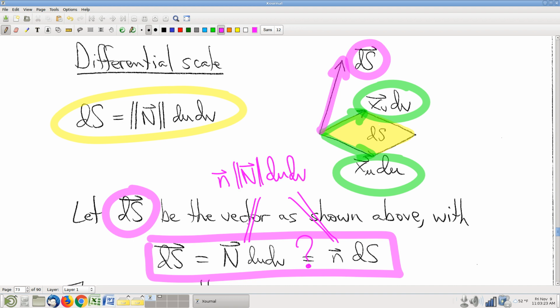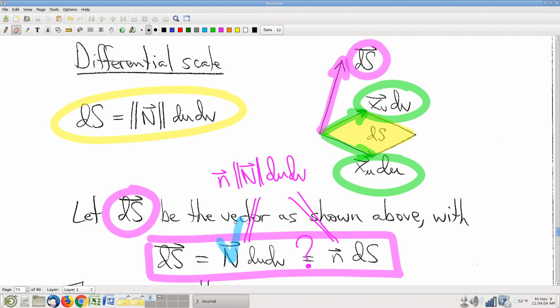Notice here, let me highlight: little n times the magnitude of capital N. Well, little n points in the same direction as capital N. So this vector I have circled in blue is pointing in the same direction as capital N. It has the same magnitude as capital N. If it looks like a duck and quacks like a duck, right? Same direction, same magnitude as capital N. It is capital N, right? And so this thing I've written above there is clearly the same as capital N du dv because of that observation.